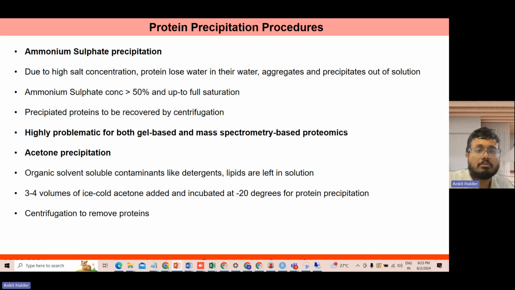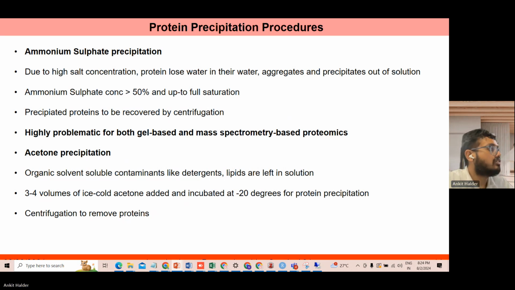Similarly, for mass spectrometry-based proteomics, it is through the nano flow column that we need to separate the proteins, separate the peptides rather, before they are analyzed in the mass spectrometer. So that will lead to the clogging of the tubing, and that would lead to a faulty chromatogram and to leakage, and all those issues will come up.